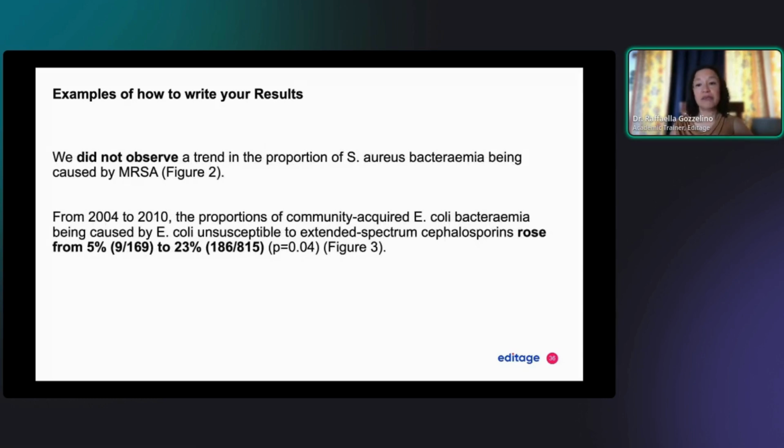Or from 2004 to 2010, the proportion of E. coli, etc., rose from 5% to 23%. And then you insert the figure for the reader to go into the figures and look at it.